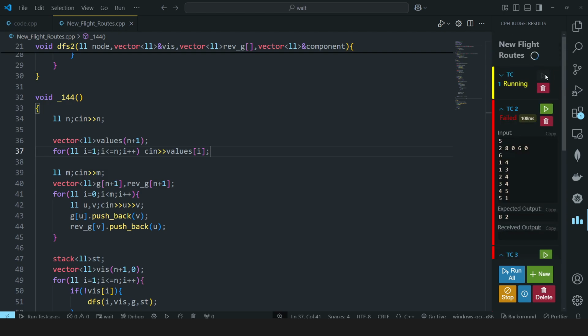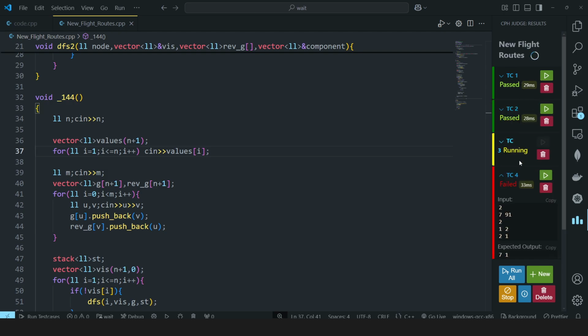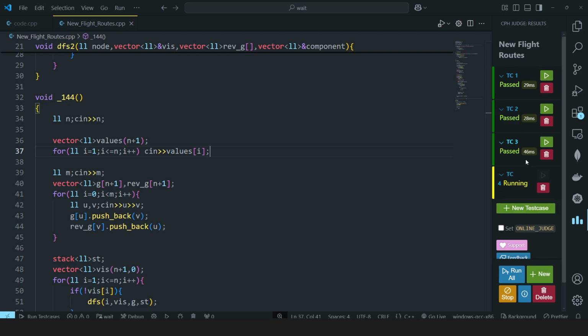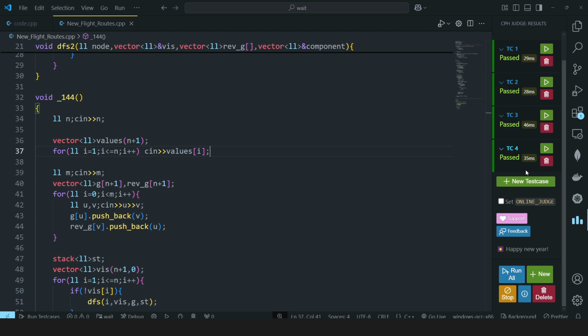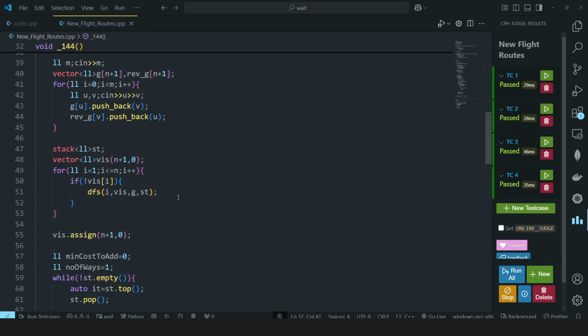So now if I run the code, let's see. As you can see, the first test case is getting passed, the second is also right, the third and fourth one are also right. So every test case is getting passed here with this code that I just wrote for you.